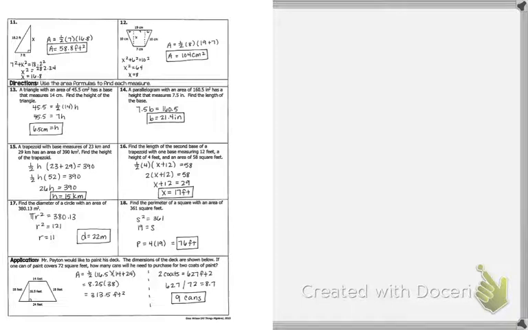Let's jump over to a harder one. Here is number 17. We have a circle. They want us to find the diameter. We already know that the diameter is twice the radius.